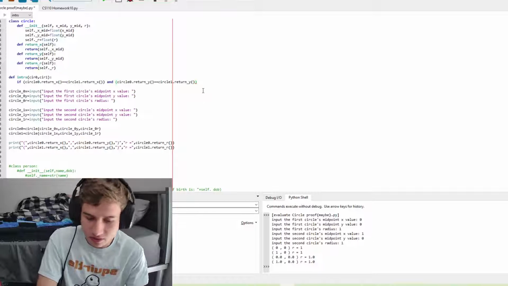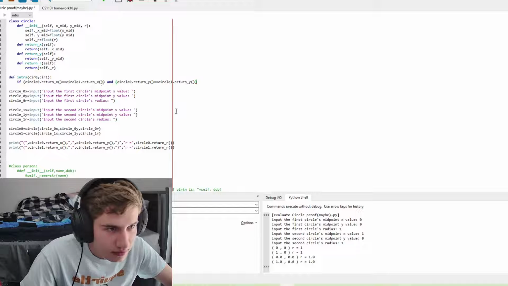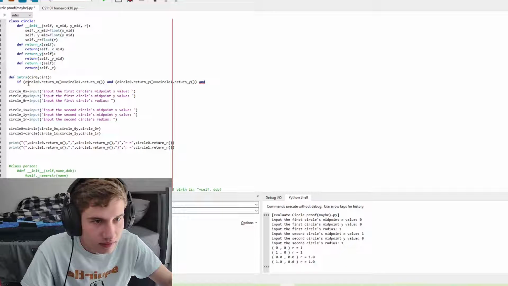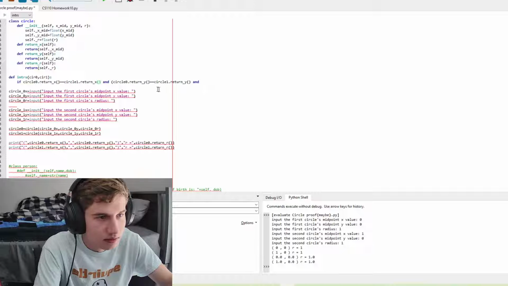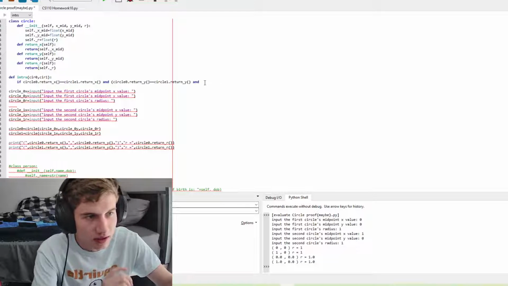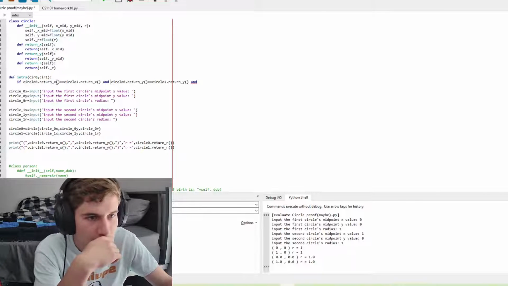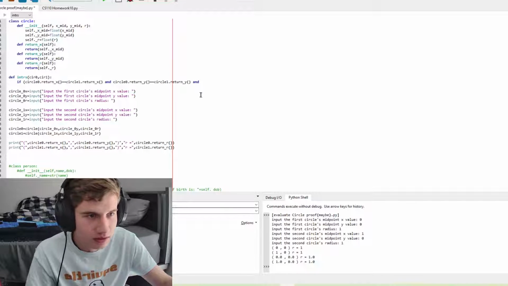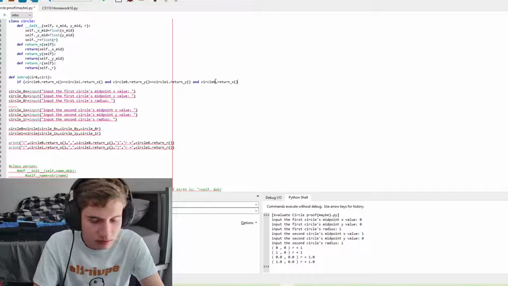So there are infinitely many intersections. This and this and this circle. Actually I probably need parentheses there.